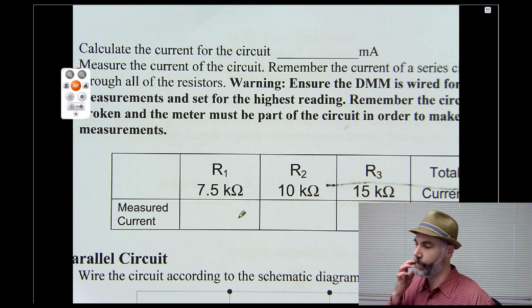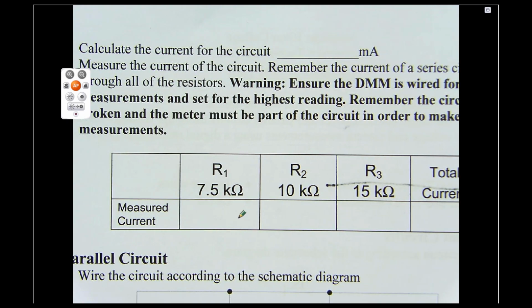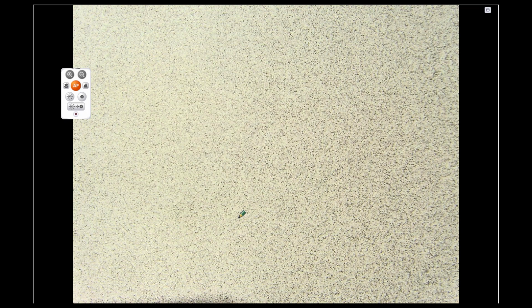So let me just demonstrate how you can measure current in a circuit, because this is a little bit tricky sometimes.